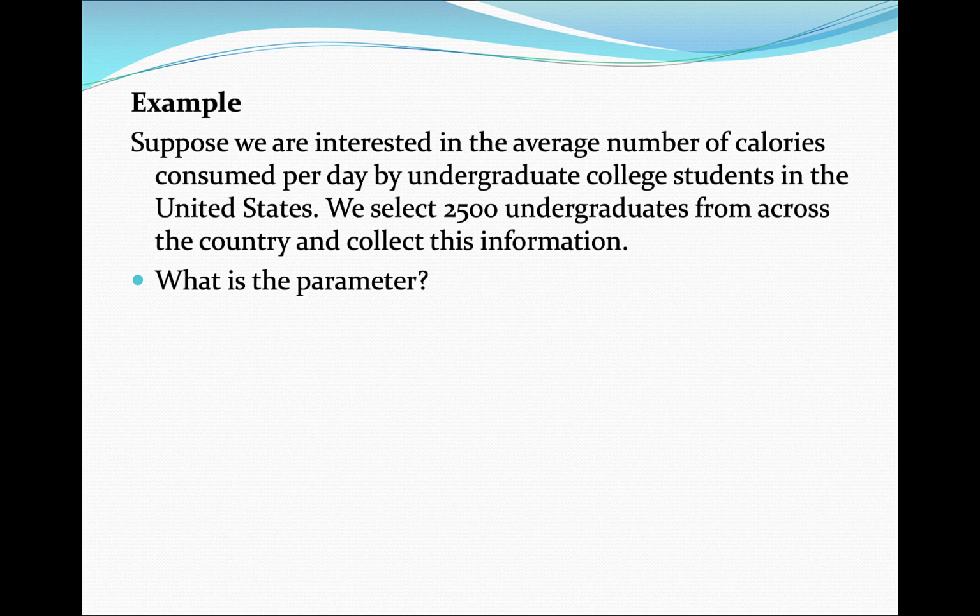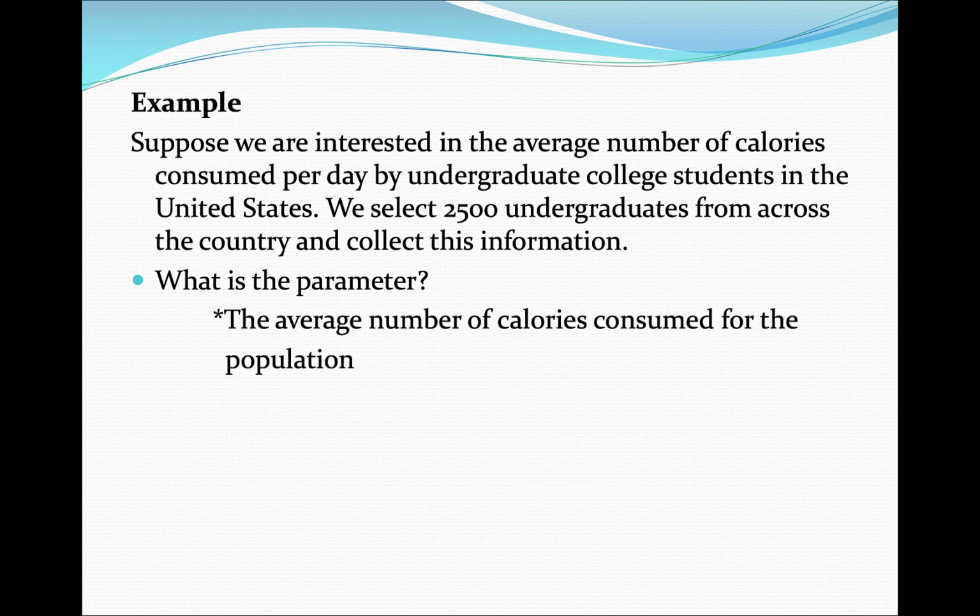So the parameter is whatever value from that population that we're actually interested in. So it's going to be one single value. We could be interested in multiple parameters, but each parameter is just a single value. In this case, you'll notice that we're interested in the average. So that average number of calories consumed, that is our parameter. Now, the only way to actually know this value would be to actually collect data from everyone.